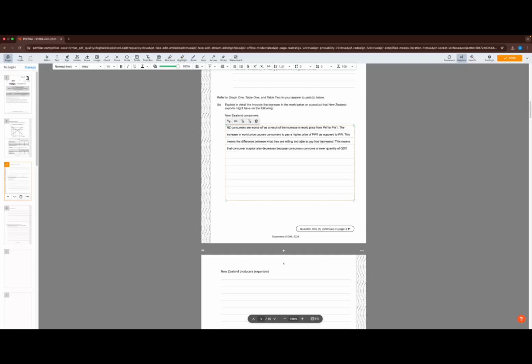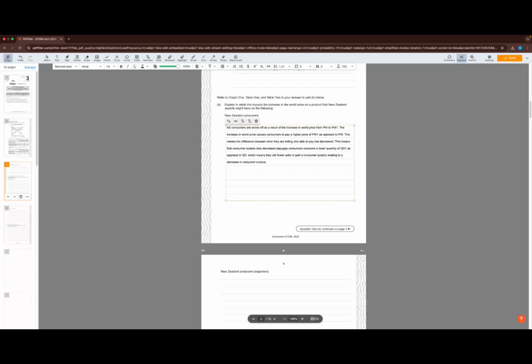Remembering, guys, back to our graph, QD1 as opposed to QD, which means they will have fewer units to gain a consumer surplus, leading to a decrease in the consumer surplus.